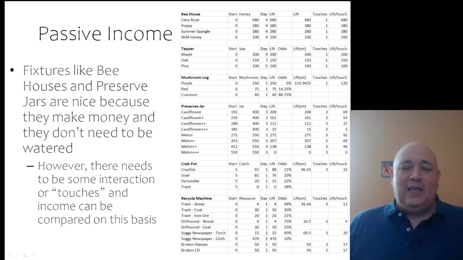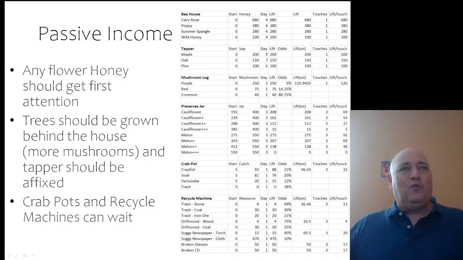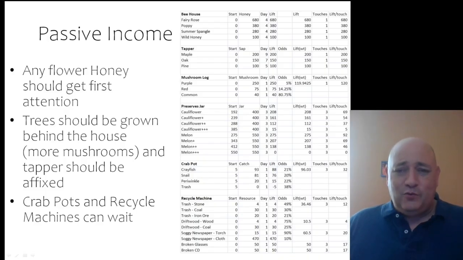But in any event, if we're looking at what needs the most attention, honey. If you see honey ready to go, pick it. If you see the trees, the tappers ready to go, pick it. If you see crab pots and recycling and you're in a hurry, let it go. So this really is another way, on the production management side, to compare, and not just compare dollars to dollars, because that's always important, but also, given the bottleneck that we have is time during the day, and we can break that time down to there's only so many touches we can do.